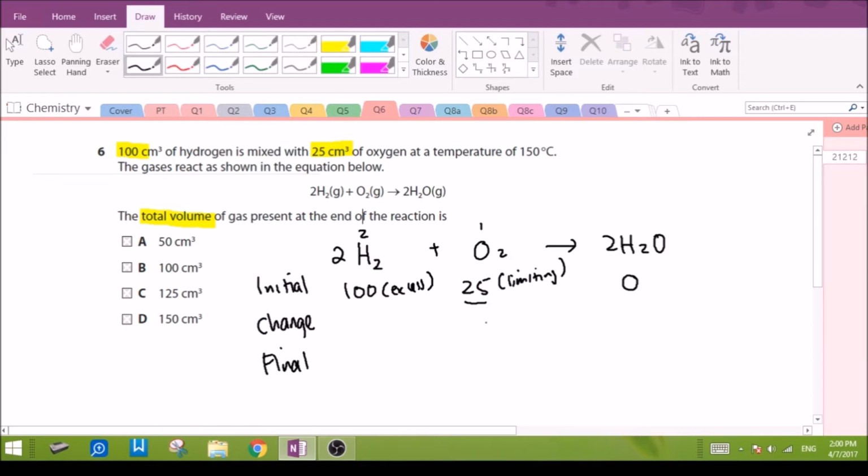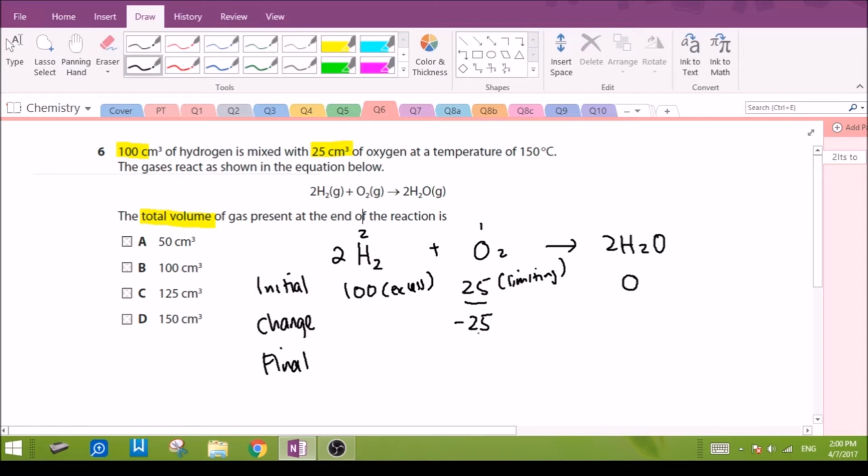What is so important about the limiting amount? Limiting amount basically means that all of it will be used up. So if we have 25 cubic centimeters of oxygen, we will use all 25. And then we can calculate the amount of hydrogen reacted.